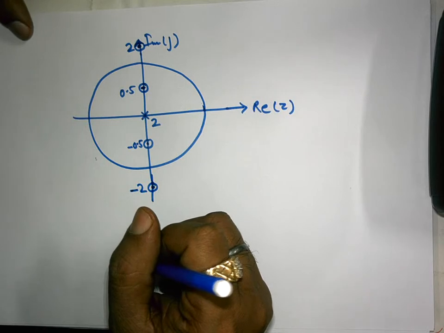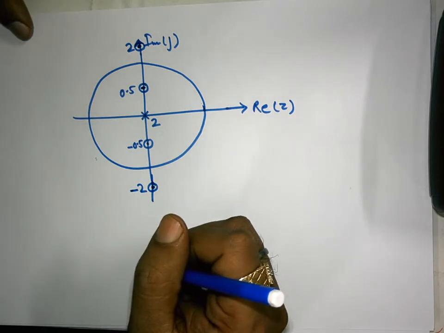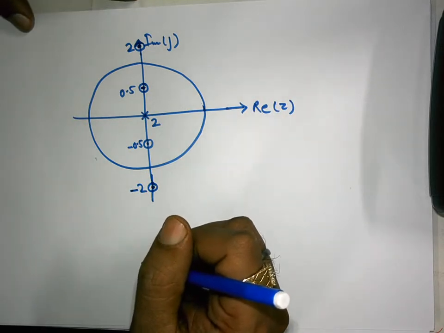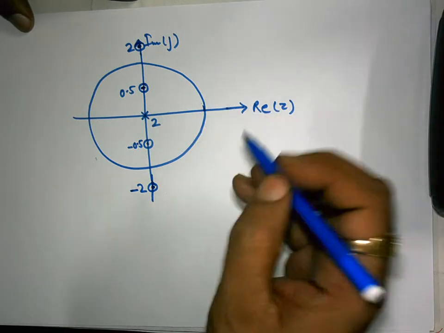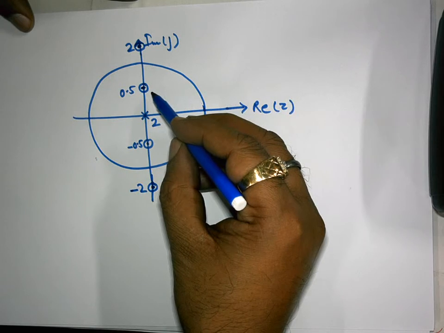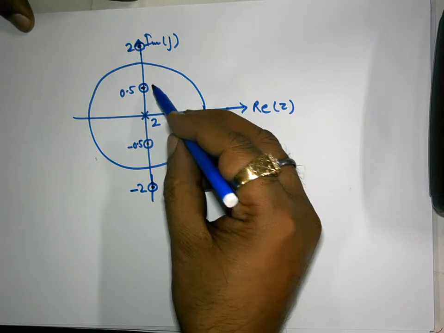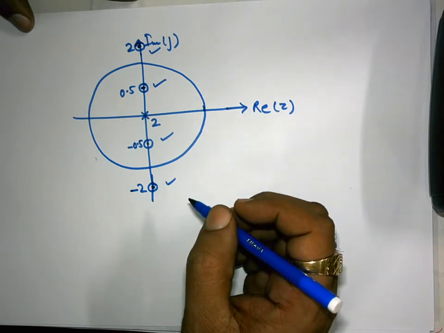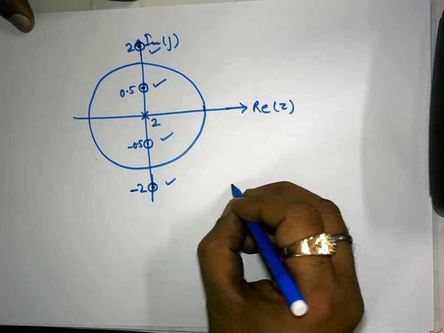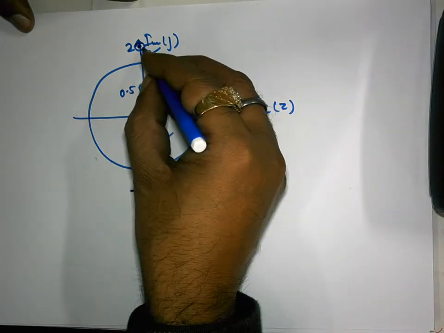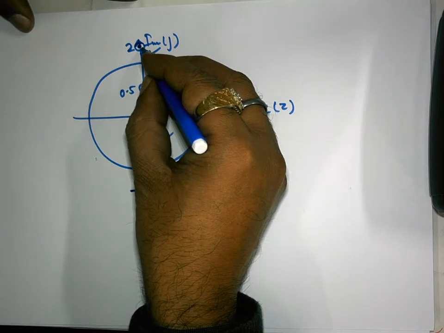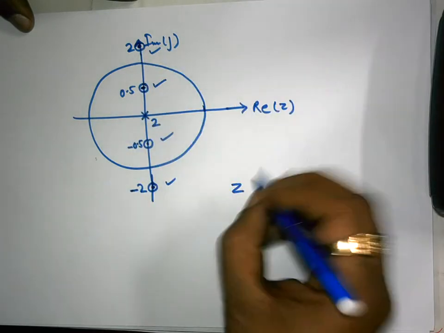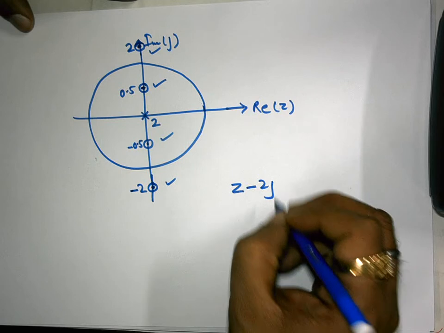So we have to estimate the Z transform or the polynomial. If you look at the numerator, the polynomial corresponds to all the zeros as roots. So the very first root is z minus 2j.